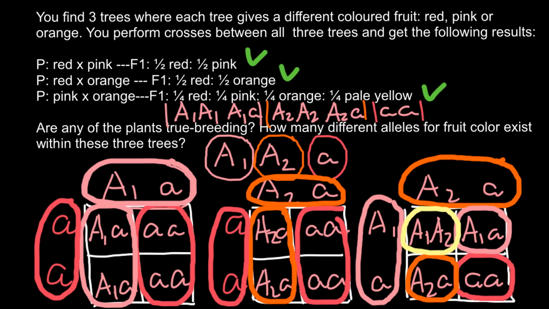So we have 3 alleles, and we have 4 phenotypes, and these phenotypes would be produced by 1, 2, 3, 4, 5, and the 6th one would be variant where we have incomplete dominance A1 and A2. So this is going to be yellow phenotype. So we have, as you see, 3 alleles can produce 4 phenotypes and 6 genotypes.